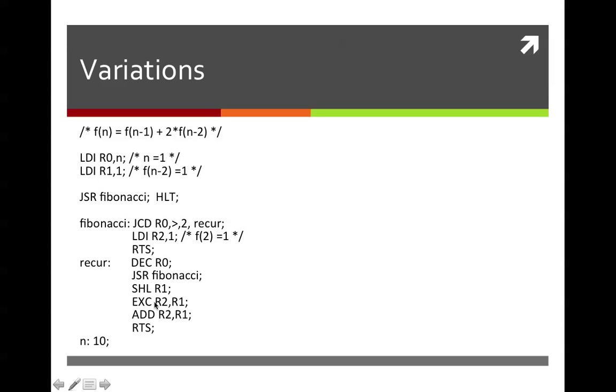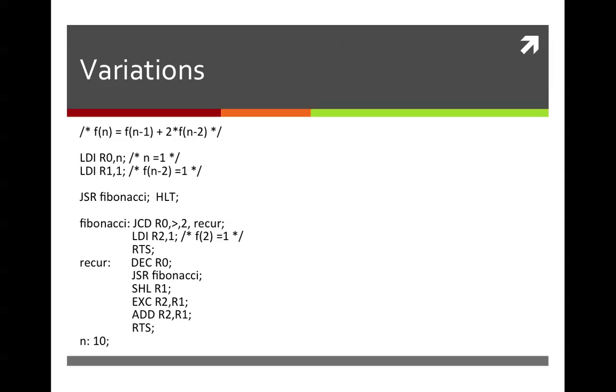And then we exchange R1 and R2 and then add. So this is basically a simple addition here. That is a simple insertion. Just one other instruction comes in. The rest of it is identical. That shift comes about because it's equal to 2 times this, and we can always achieve that by shifting what is in R1 by 1 bit to the left. So that's really what it is.